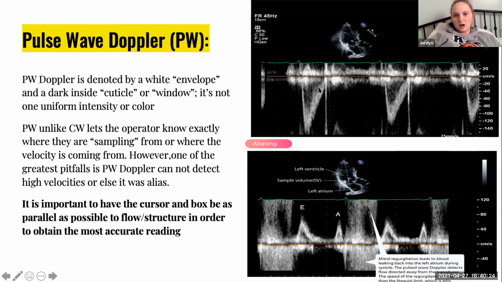On the right-hand side with the first picture, with the pulse wave, if that box in the middle is slightly smaller with just white instead of black, that can be indicative of stenosis, or it could be more severe based on certain qualities. So you're going to sample whatever area you suspect of pathology. And like I said, you want to be parallel so you can get the most accurate reading.